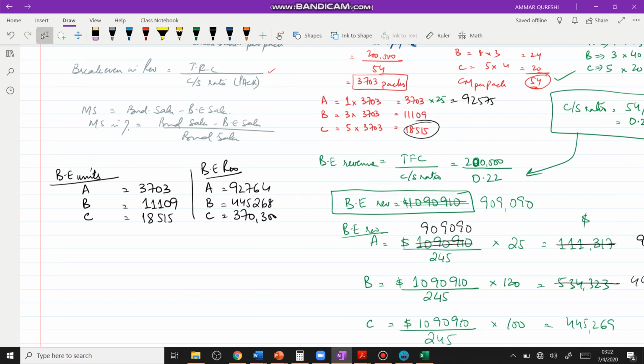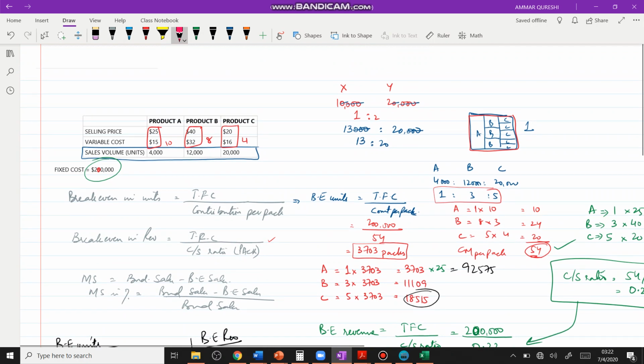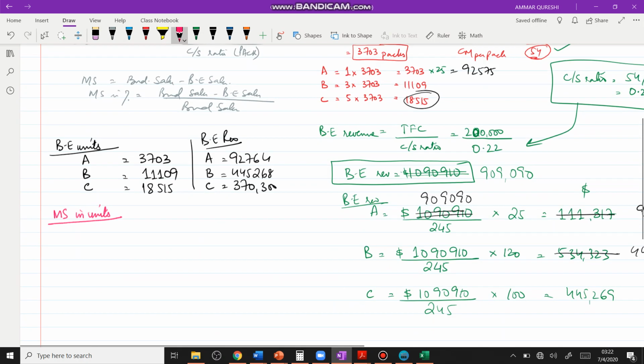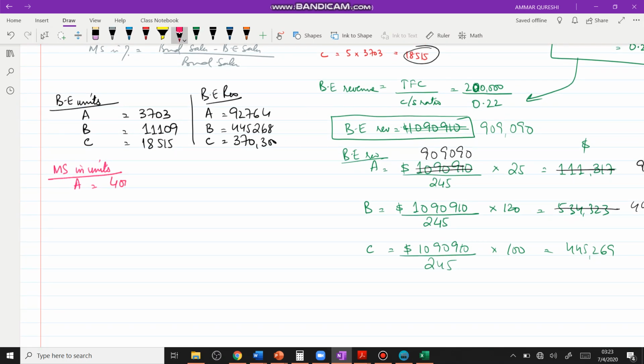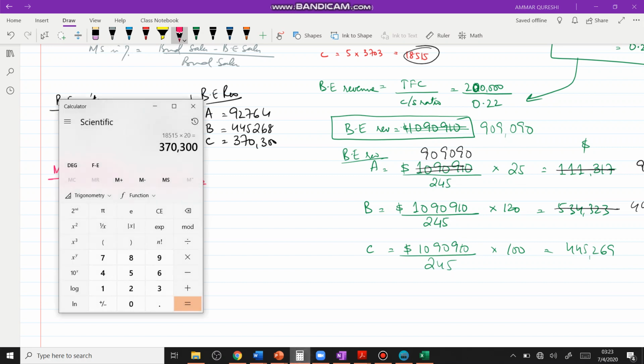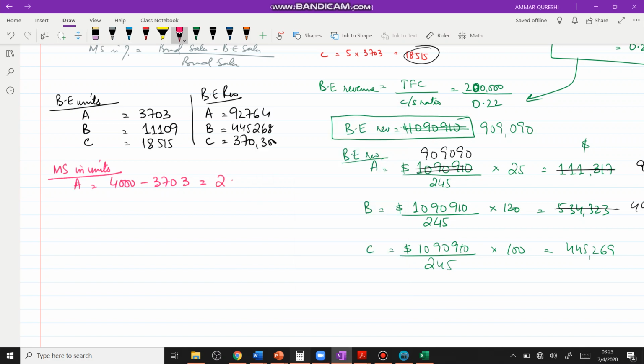Now, if you want to calculate margin of safety in units, it is really very simple. All you have to do is take the budgeted sales volume of product A, which is 4,000. So the margin of safety for product A is 4,000 minus 3703, which is 297, right?